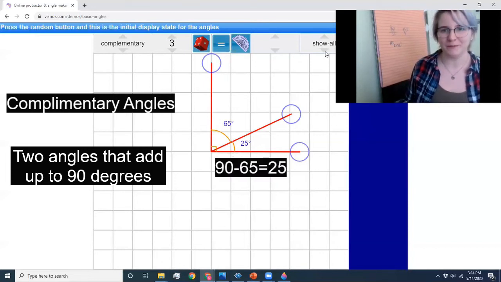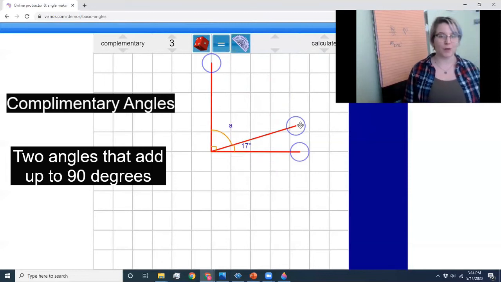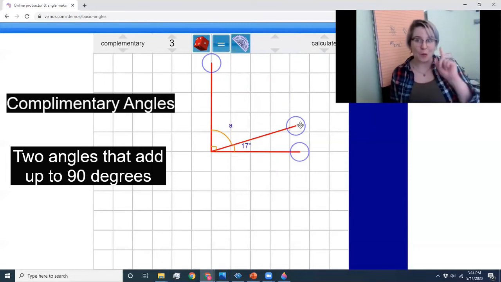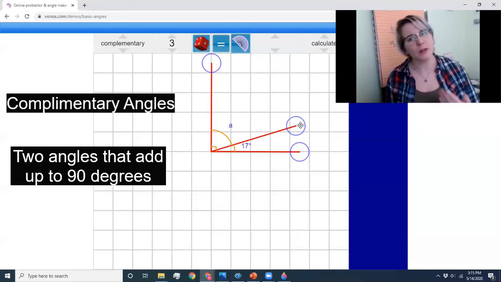You want to look at one more before we move on? I'll put it right around here. Okay, so we know that these complementary angles add up to 90 degrees. We know that one of them is 17 degrees. How do we find angle A?